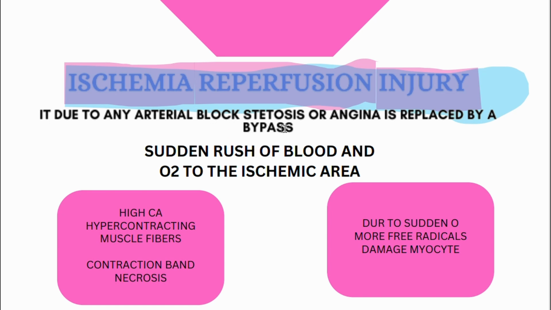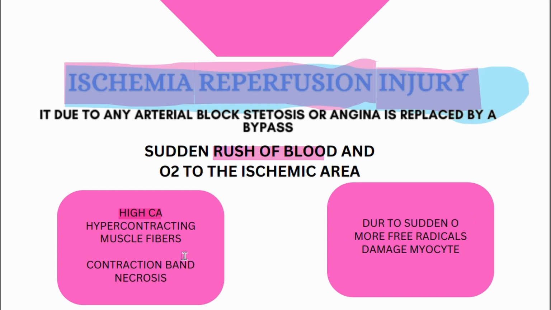For example, a heart is affected with myocardial infarction or an ischemic condition, and we have done bypass surgery on the heart. Again, there is a rush of blood. Due to this rush of blood, there is a high calcium supply and a high oxygen supply.